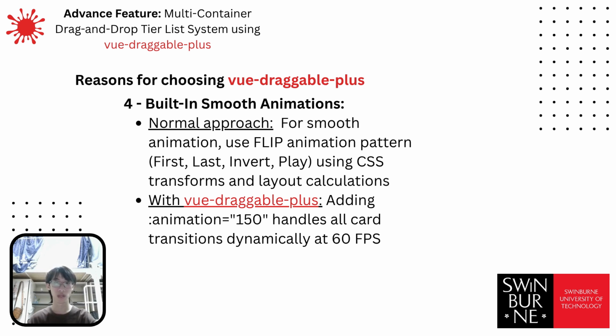With Vue Draggable Plus, we simply set animation equals to 150. Like that, it handles all the transitions dynamically at around 60 frames per second.